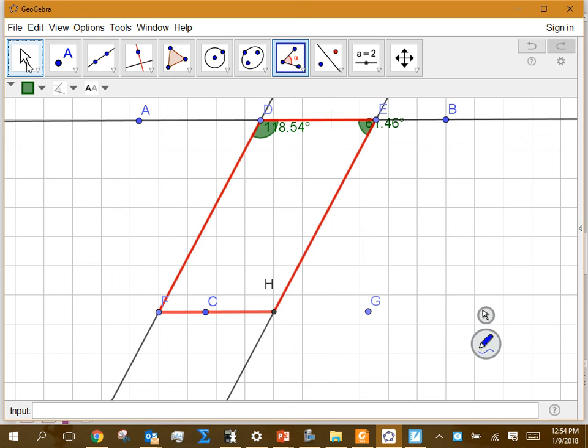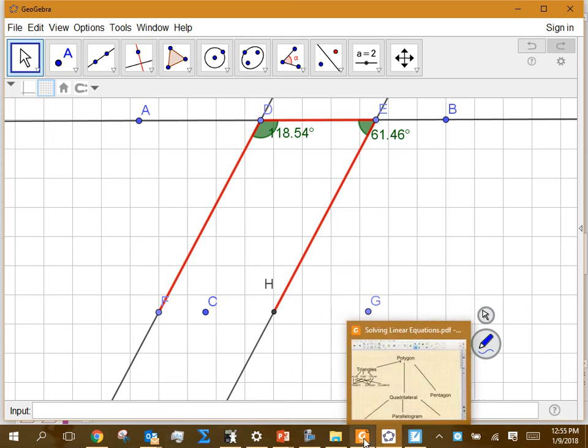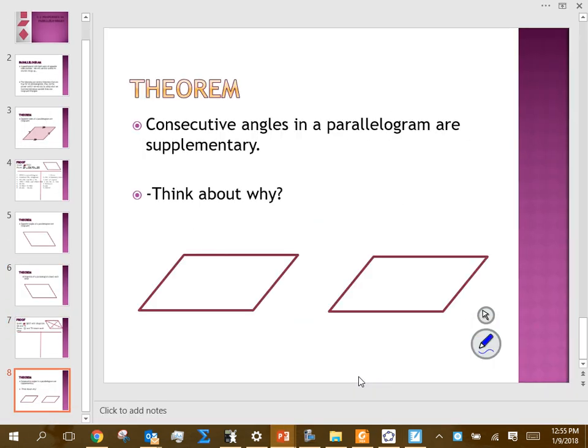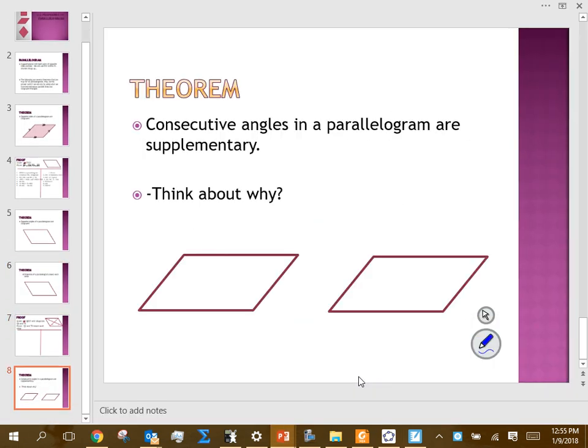What do you think you know about those two angles? Same side interior again, but they're a different set, because they're a different set of parallel lines. So those types of angles, the ones that come right after one another, what's a word that we use in math for things that come right after one another? Consecutive. Good. So we get this last theorem that says consecutive angles in a parallelogram are supplementary.